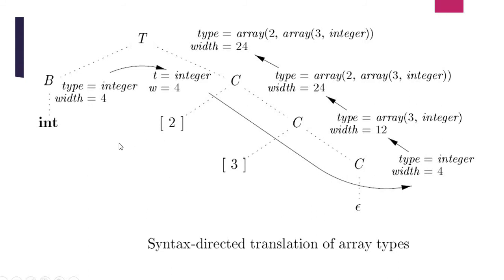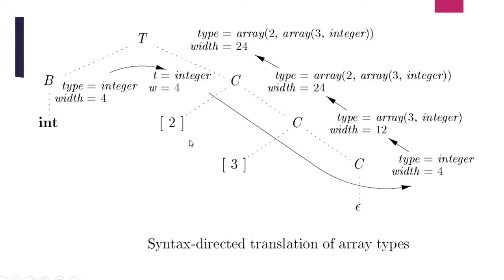As we are at the beginner level, we have already seen how to recognize int a, so we will concentrate on how we are going to recognize the dimension. So T produces BC, and C produces the dimension within square brackets, number, followed by C, and C produces within square brackets number and C, and finally C produces epsilon.